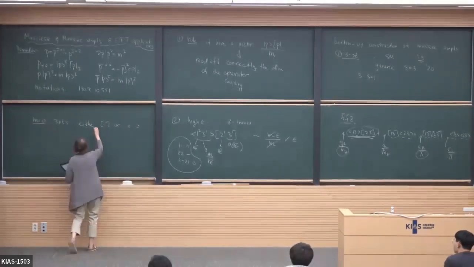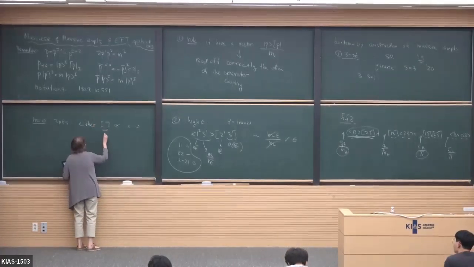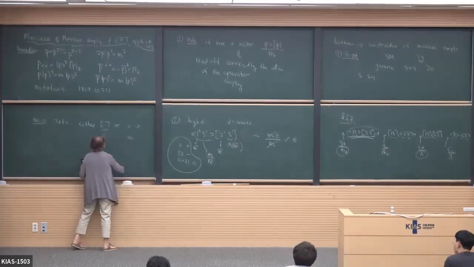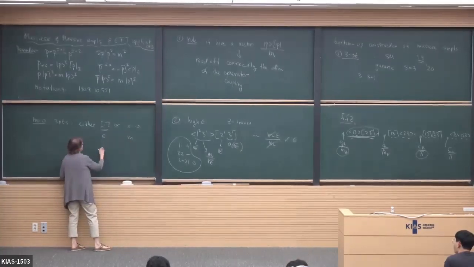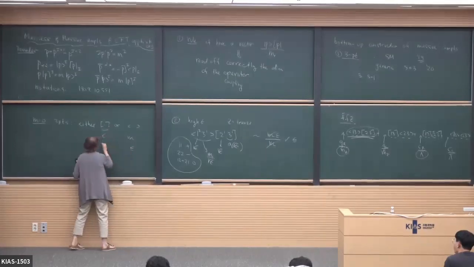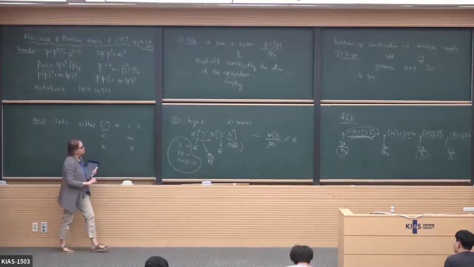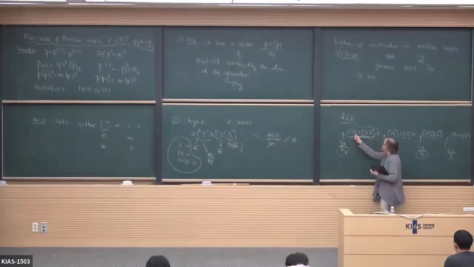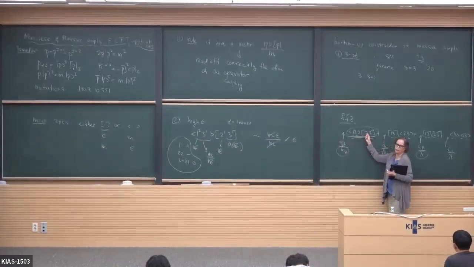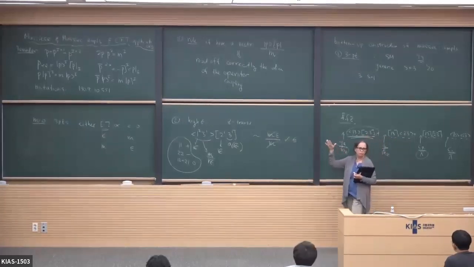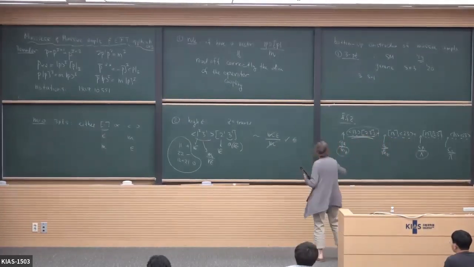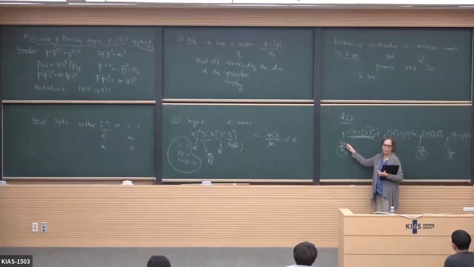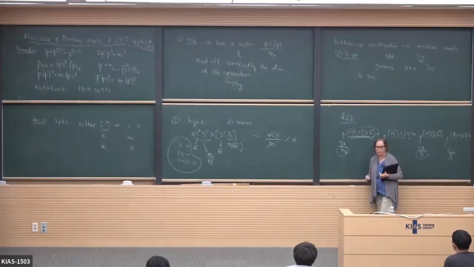So if we have the squares, then this thing scales like E, and this one scales like M. Or if it's the other way around, then this scales like E, and this scales like M. So whenever I have a mixed term that has angle times square, it has to be down by M. And so if I have an M in the denominator, this is going to go like the gauge coupling, and it's going to be exactly the thing that I want.